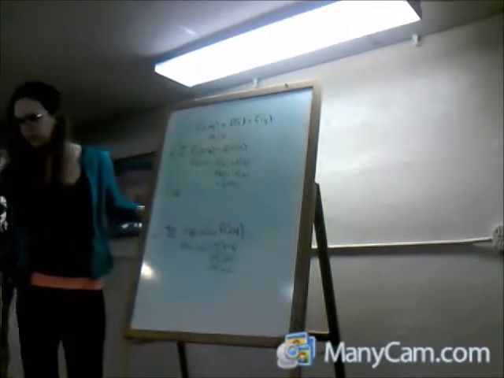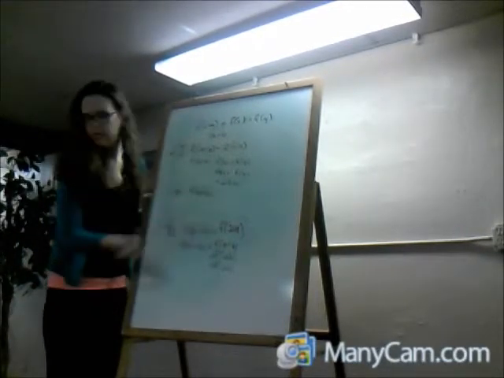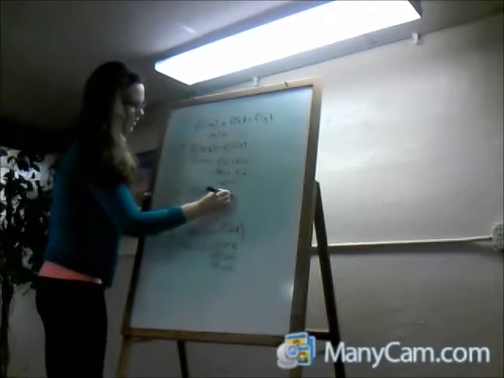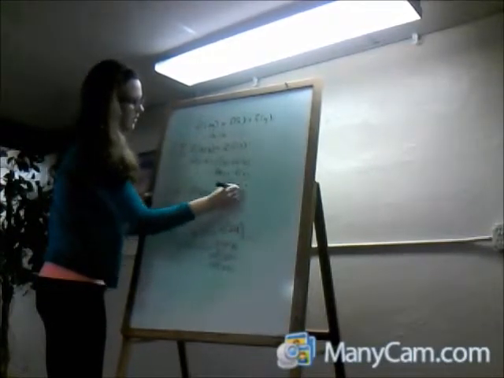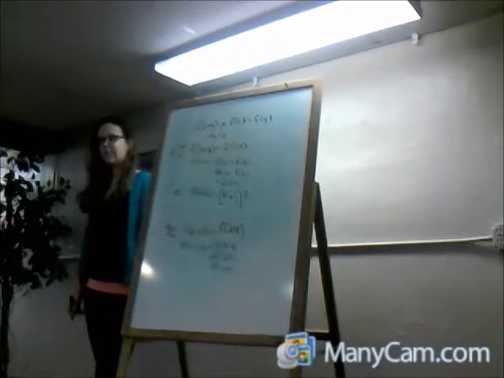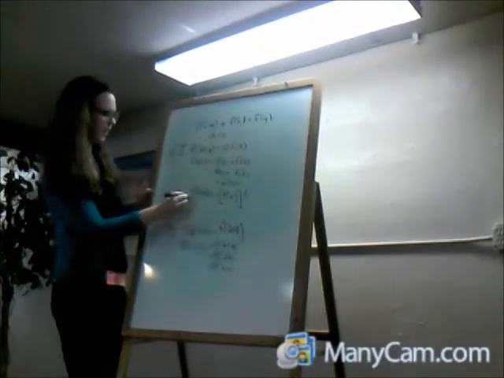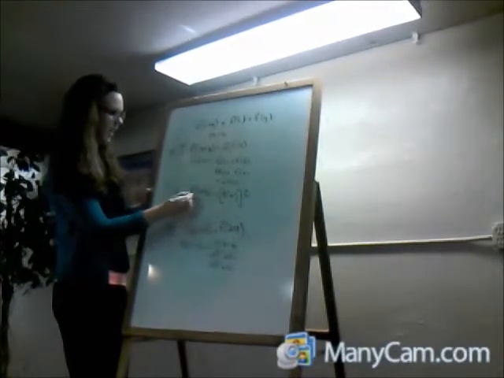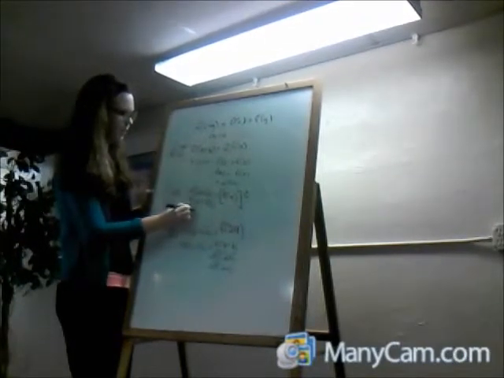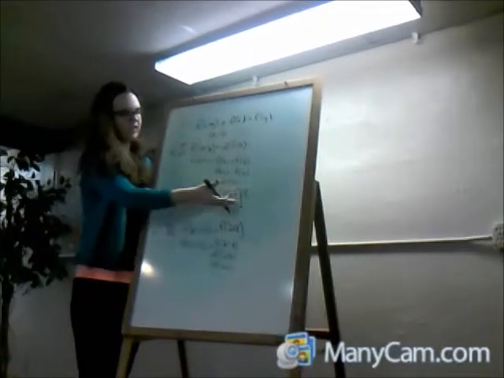So let's look at 2. F of a plus b equals f of a squared. Do you think that's right or wrong? Yeah, it's wrong, right? We could play around with this, f of a plus f of b, 2f of a, but we're never going to get an f of a squared.